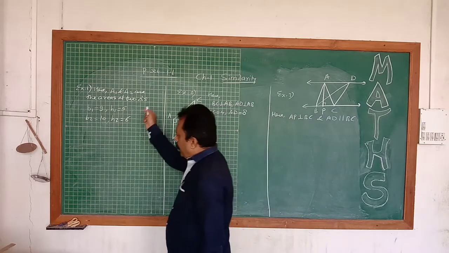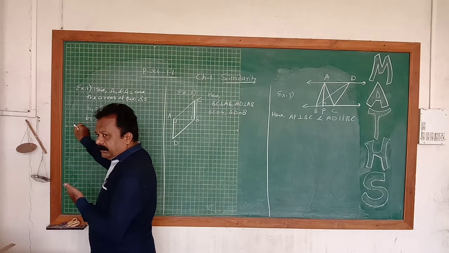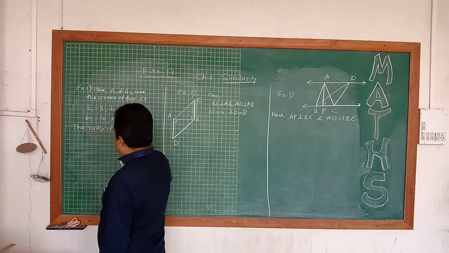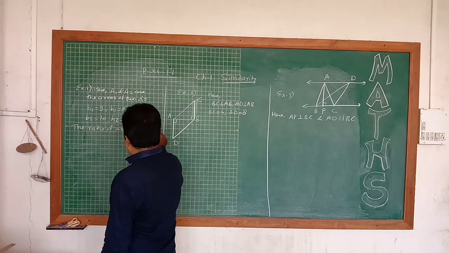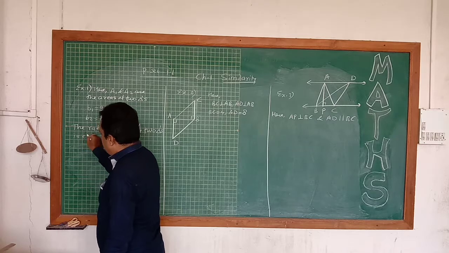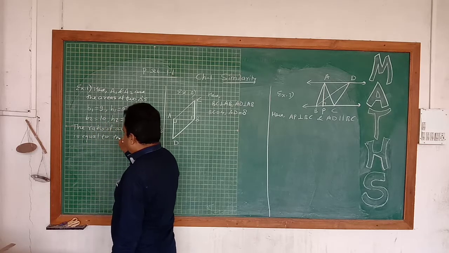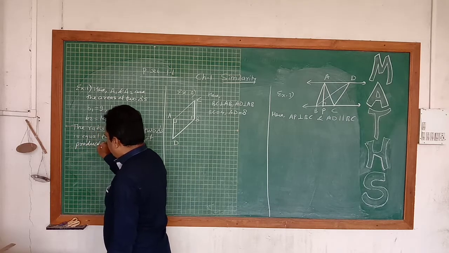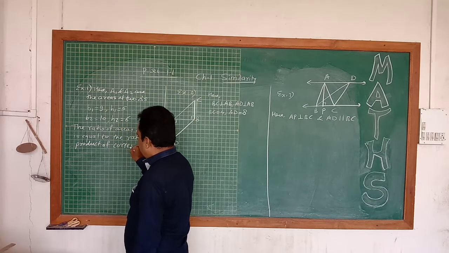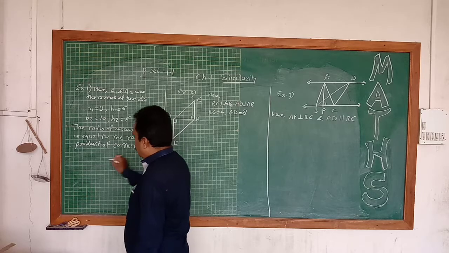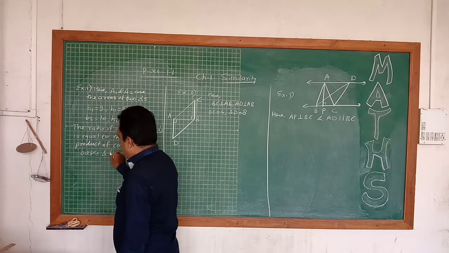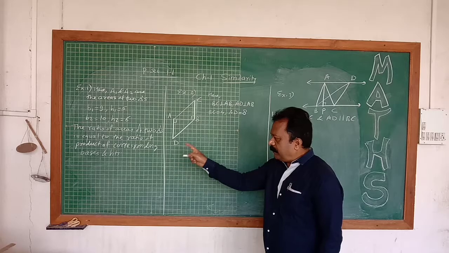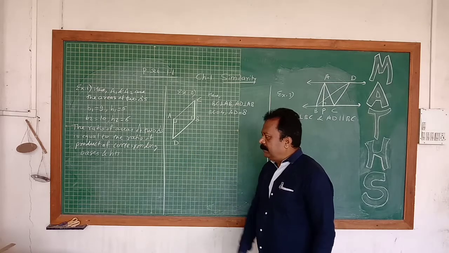So property number 1 says, we know that the ratio of areas of two triangles is equal to the ratio of the product of corresponding bases and heights. This is the property number 1 that we have to use.